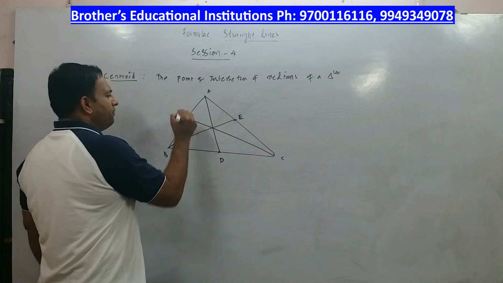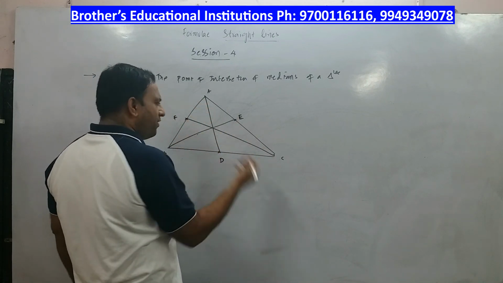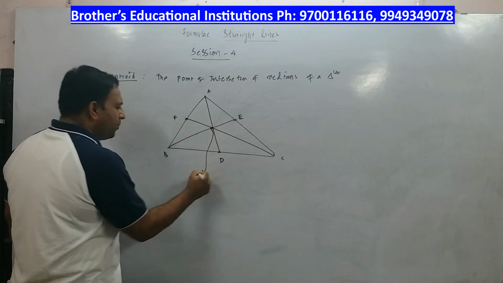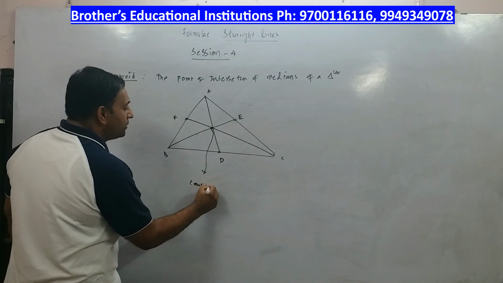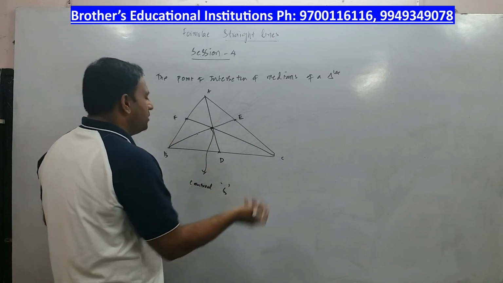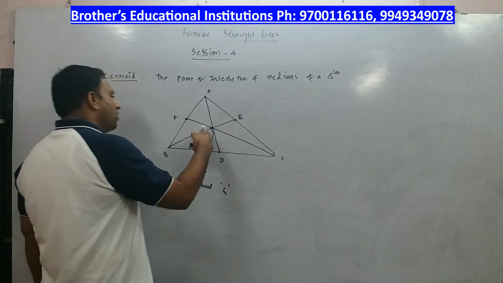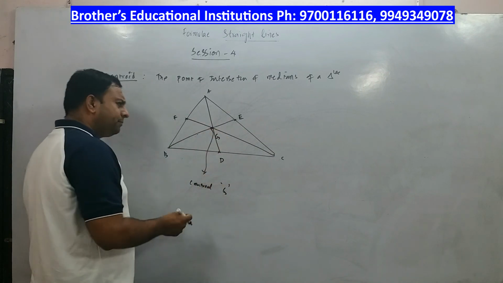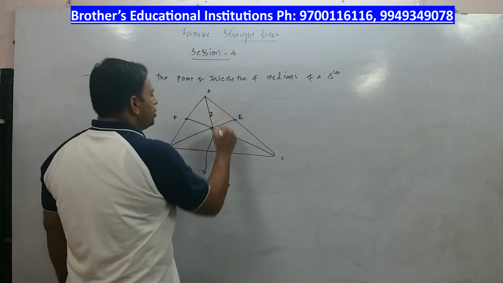Now D, E, F are midpoints, so AD, BE and CF are medians and they are all meeting at this point, and this point is called the centroid. And centroid is usually denoted by G. Now there is one more very important note. A centroid G divides the median in the ratio of 2:1.